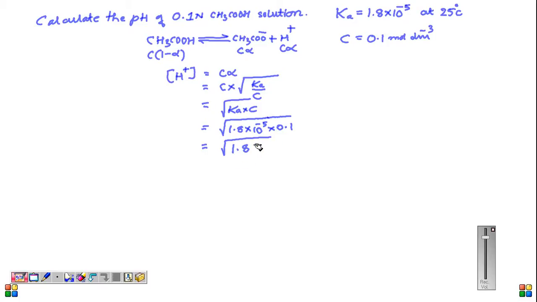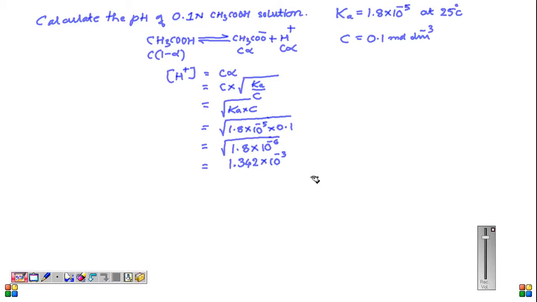1.8 into 10 to the power of minus 6. If you work that out, the square root of 1.8 is 1.342, up to the accuracy of third digit, into root of 10 to the power of minus 6, which is 10 to the power of minus 3.